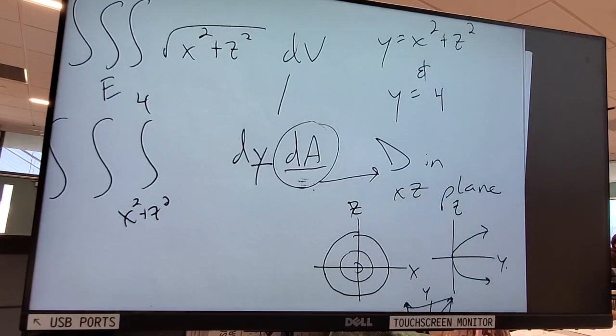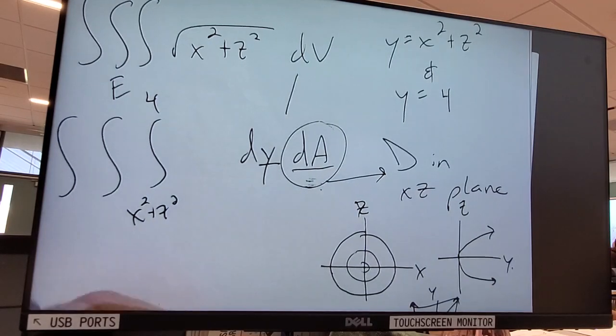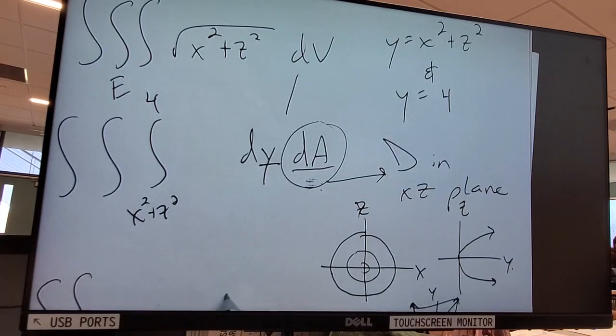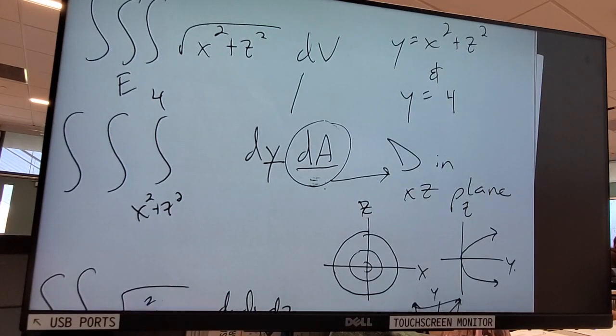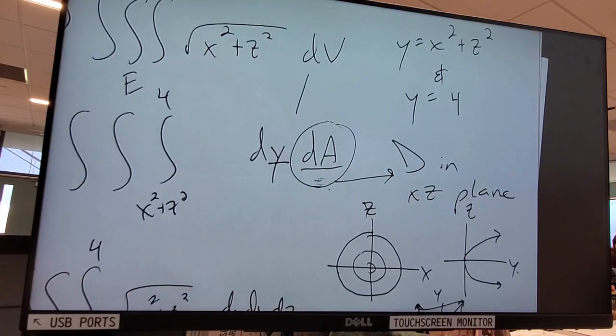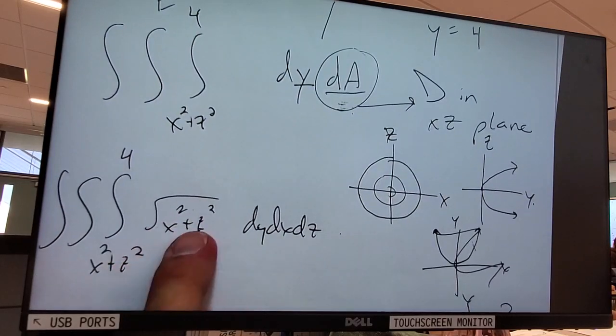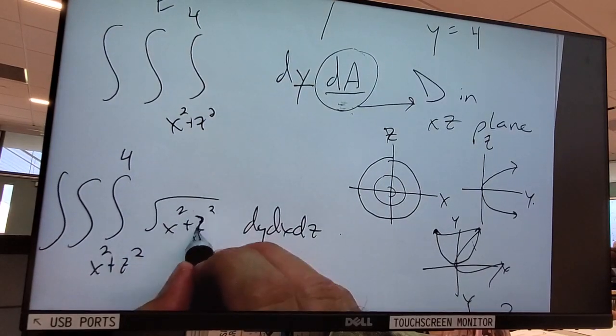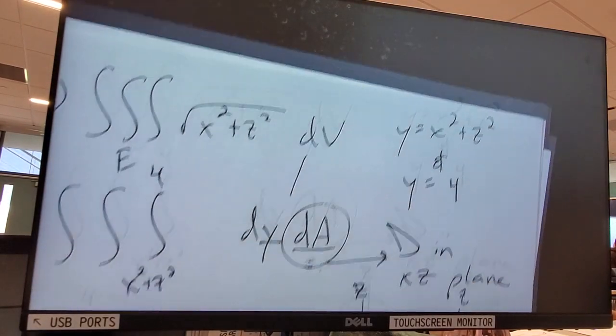So, dx dz? All right, we'll do it. So we already got the inner one figured out. And I know there's symmetry here, but that's just because that's the function they gave us.